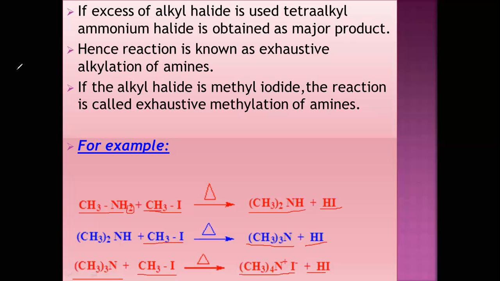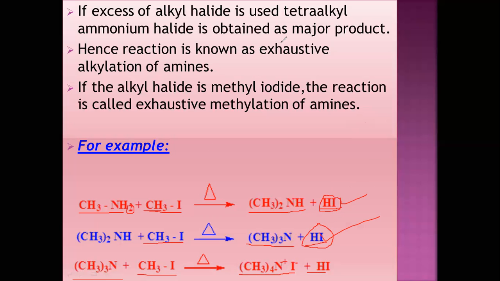Now here in this reaction, HI is obtained as a side product, and this HI is acidic in nature because this is hydrogen iodide. So to neutralize this acid, we have to use sodium bicarbonate as a weak base to neutralize this HI, which is obtained as a side product in the whole reaction.